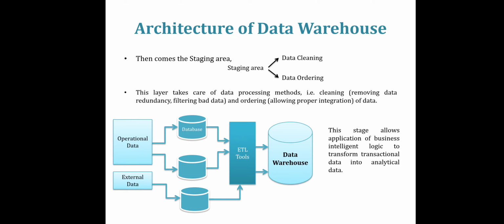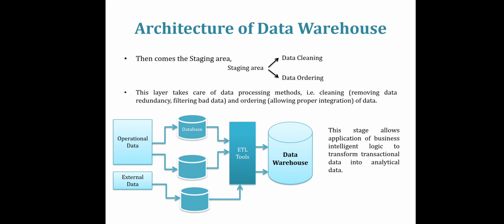This unified view should be clean and in proper order. So this layer will take care of the data processing. Cleaning means we have to remove the redundancy or duplication of the data, remove the inconsistencies, and filter the data. We have to remove the bad data. That is called the cleaning process.